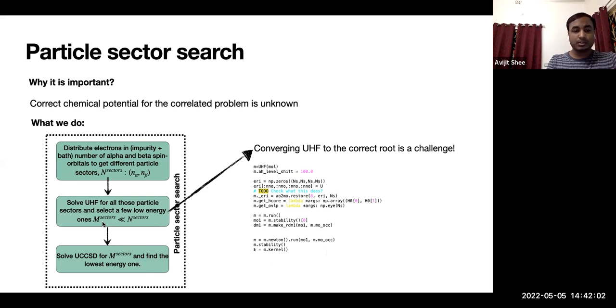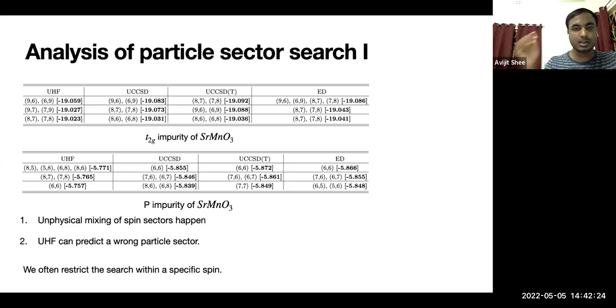After solving UHF, we get m number of lower energy particle sectors, and for these m sectors we solve the UCCSD method, find the lowest energy one, and that's the desired number of particles.